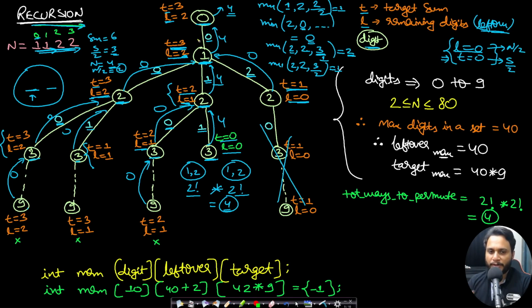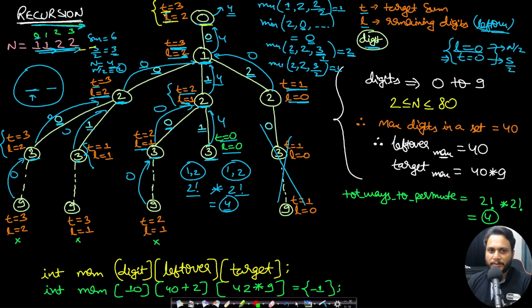Now if you closely monitor this, there are 3 variables which will affect your result. Those 3 variables are target, leftover, and the digit that you are trying. In this case, the example is small. I could not show you the repeating subproblem, but if you take more digits, then the recursion tree diagram would be larger and you will be able to see repeating subproblems.